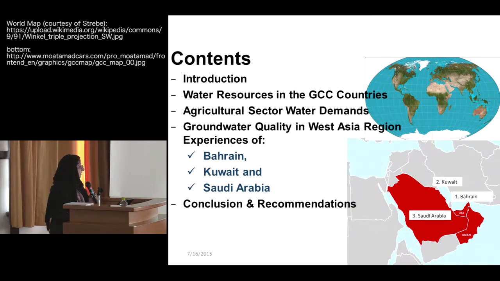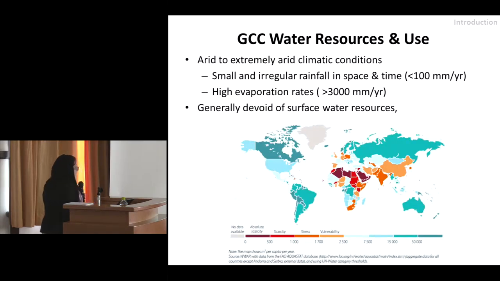Our university is a regional university, not a national one. So the case studies are from our research program in the university, besides the case study from my student that I supervised.